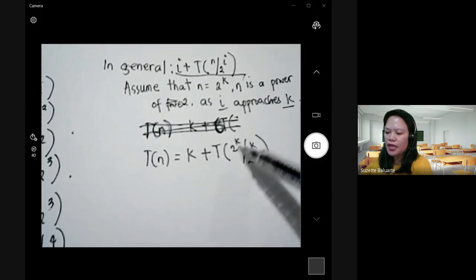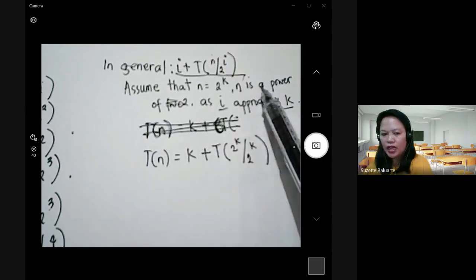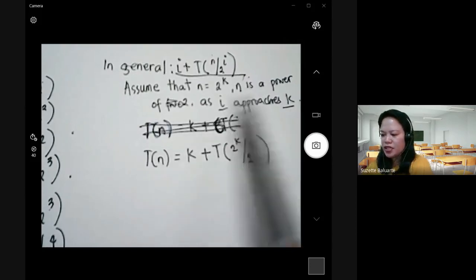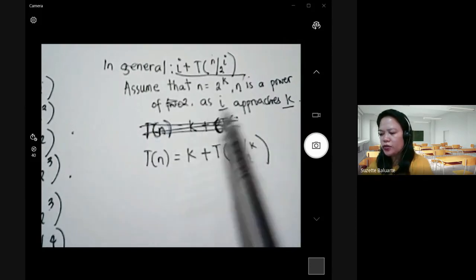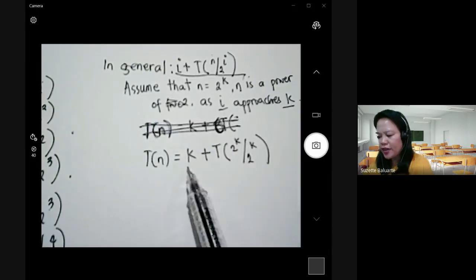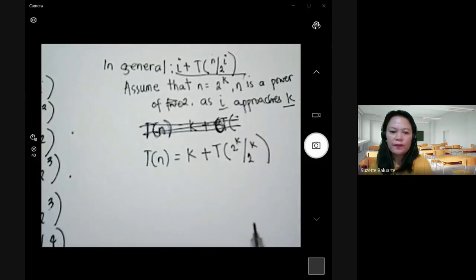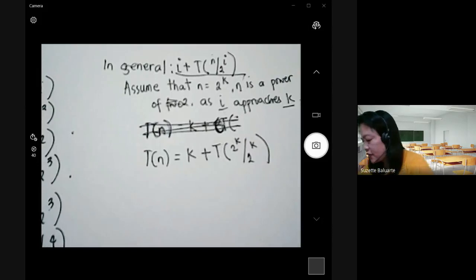So from this one, n is equal to 2 to the k, n is a power of 2. Then as I approaches k, you replace I with k and 2 to the k. Okay? Naka-follow pa?